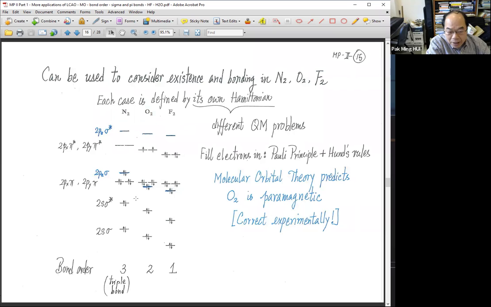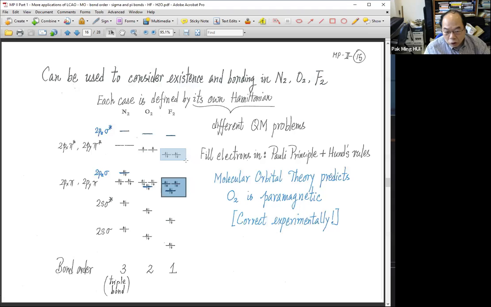So here are the alignments, and then you pick up how many electrons you have, and by the Pauli exclusion principle, you fill it up. Now, look at the situation of F2. Basically, you have everything filled, and then this one is a pi bonding. This is a pi anti-bonding state. These are bonding states. So you have 6 electrons in bonding, 4 in anti-bonding.